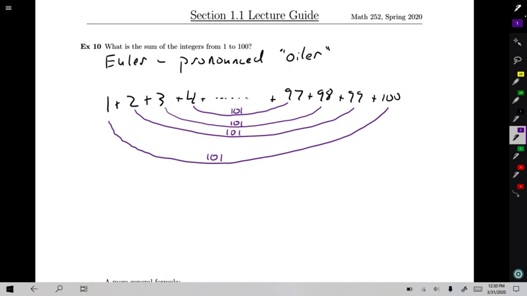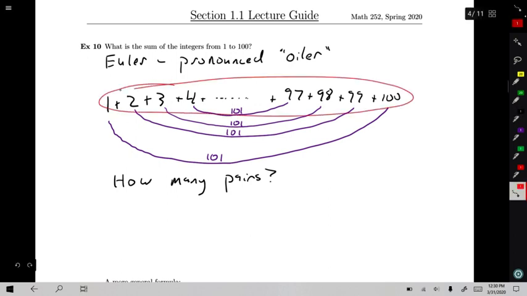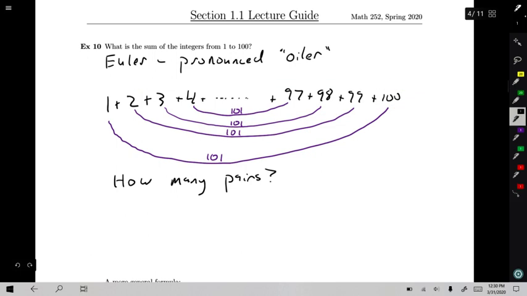And if we ask the question, how many pairs are there? Well, we see that we're pairing 2 numbers at a time, and there are 100 numbers in this entire list, and so there are 50 pairs.